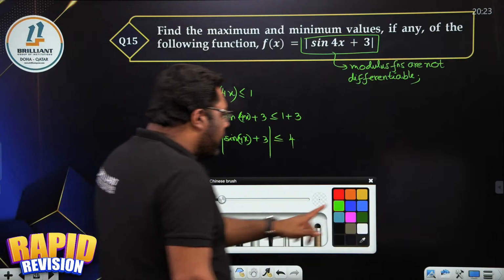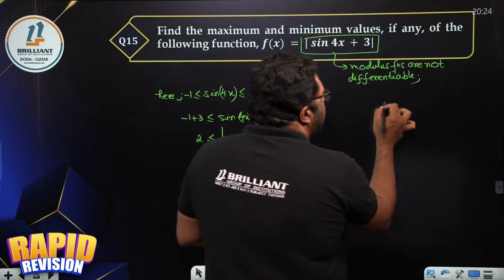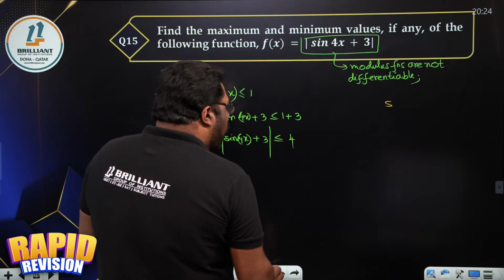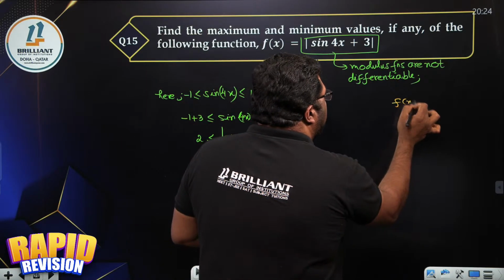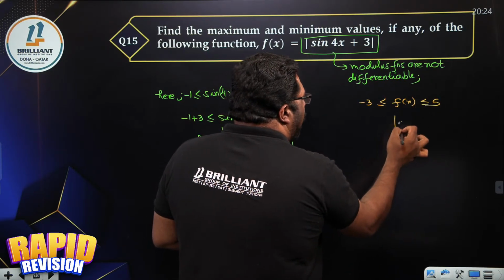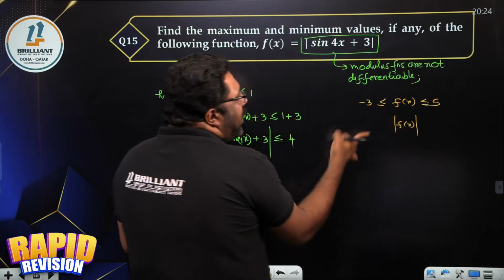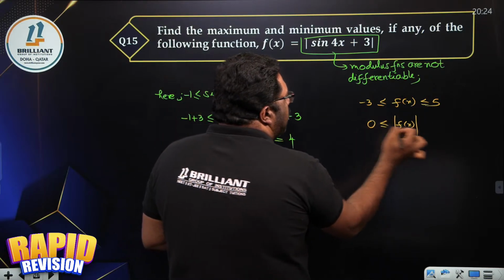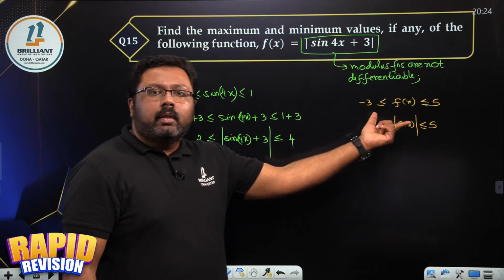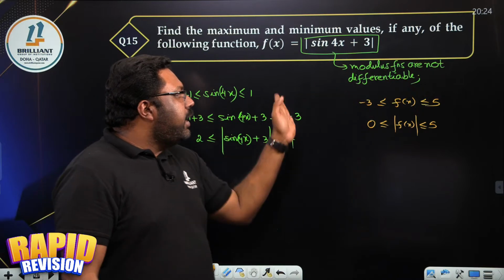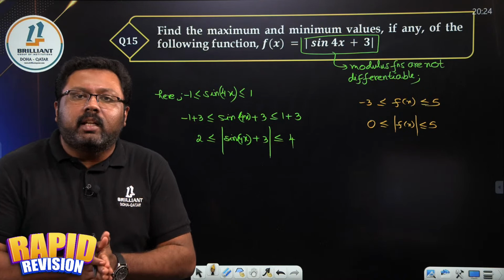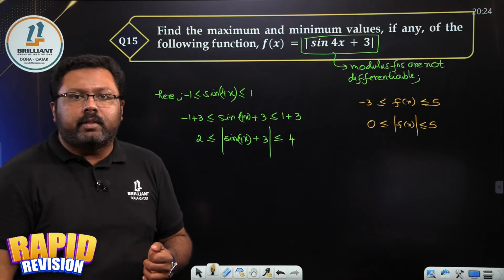I'll show an example that would be better. If by chance I got the value of a function between -3 and 5, then if I take the modulus of that function, this modulus neglects the negative side of it and starts from 0. Please keep in mind, if the range of a function has the negative side of the interval, if you apply modulus to it, it automatically neglects the negative side of it.